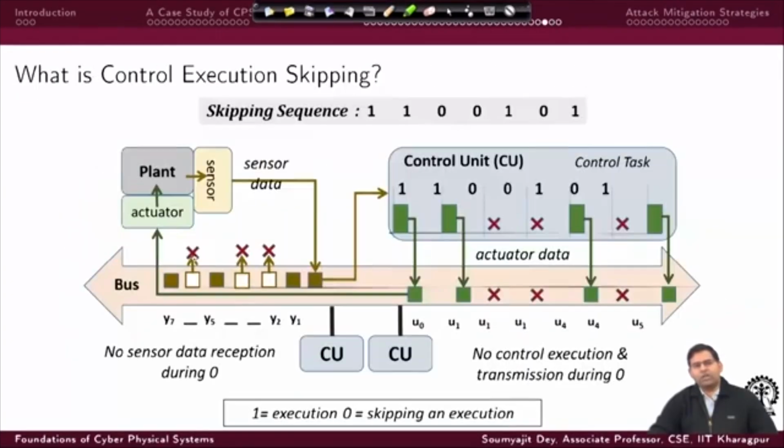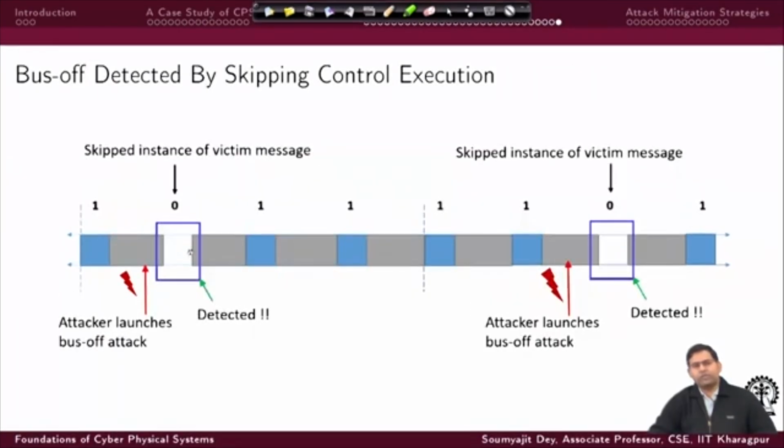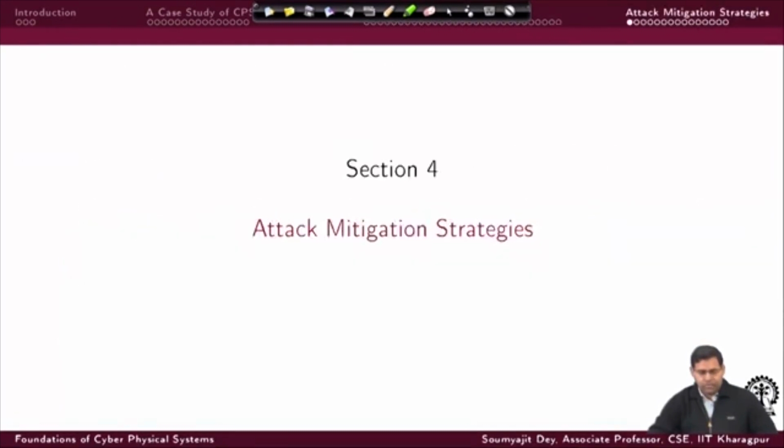Or we do not change the controller's period, but at certain pre-decided cycles we do not send any message at all. Then when the attacker sends a message, that is the only message that will get queued, because the victim is not sending anything, so it will be detected. That is one way to look at it.